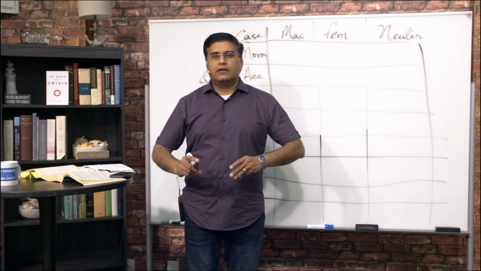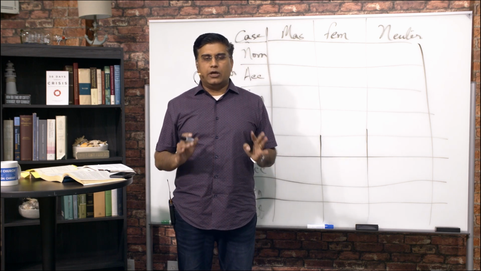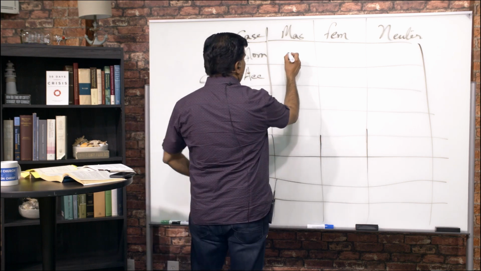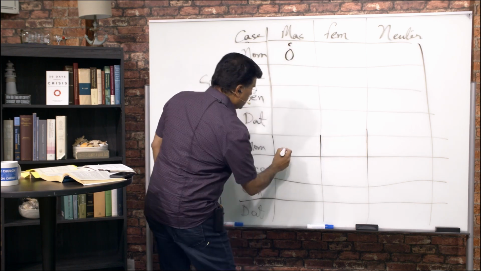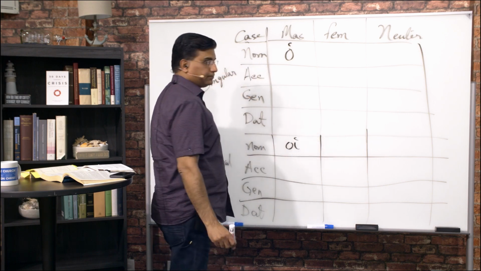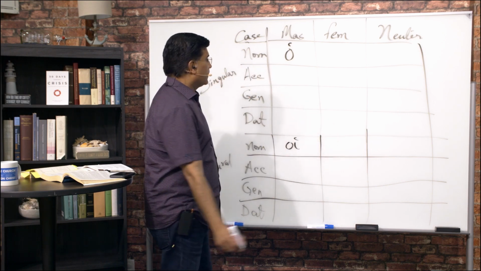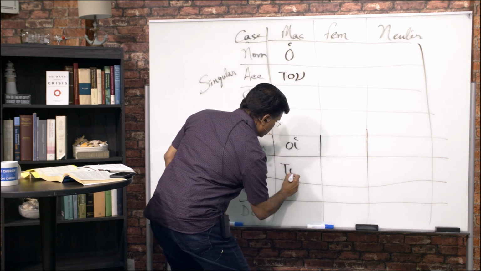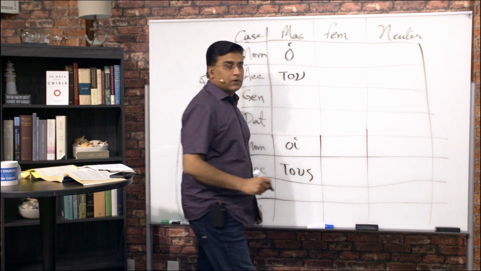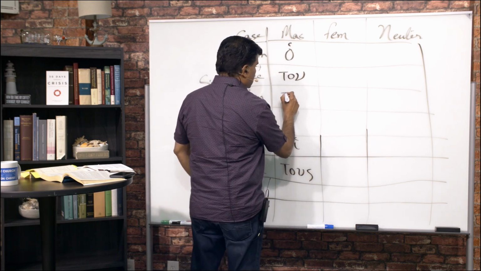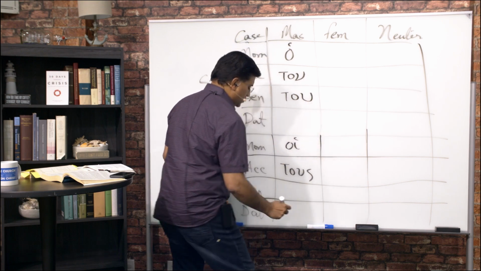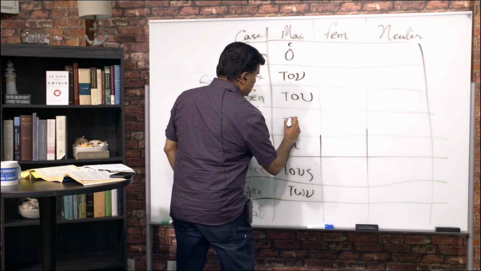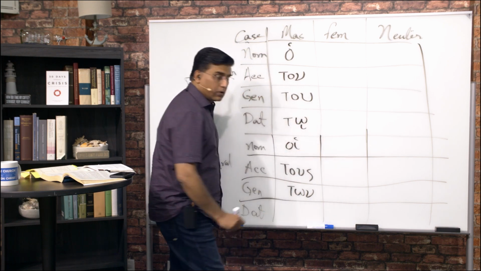So what does the definite article in Greek look like? So here we go. Ha, hoi, ton, tous, tu, ton, to, tois.